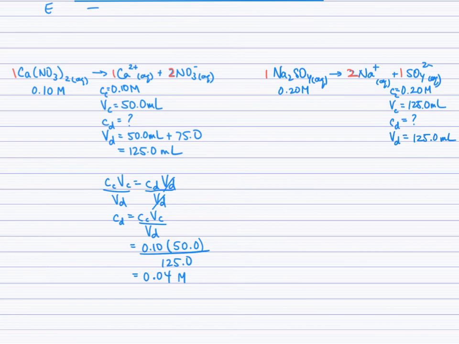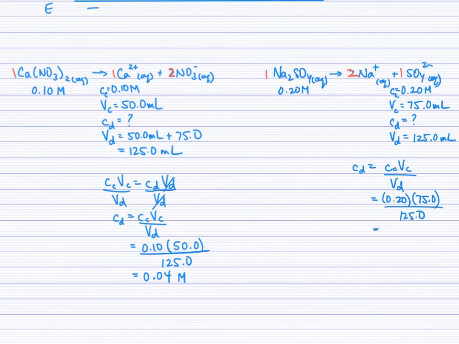Sorry, I made a mistake here. This should have been the original 75 mils. Originally, we had 75 milliliters of the sodium sulfate, so that's the volume of the original concentrated solution. When we add the 75 plus the 50, we get the volume of the diluted solution, 125 mils. Okay, so in solving for CD, again I'll have CCVC over VD, and I'll have 0.20 times 75.0 over the 125.0.